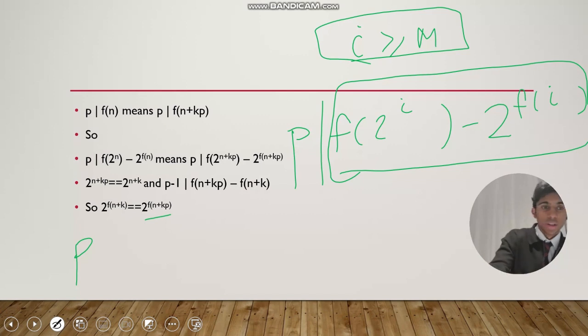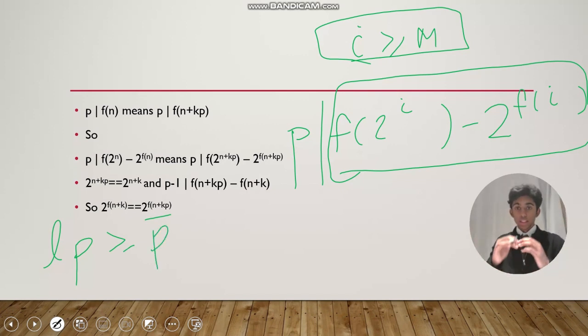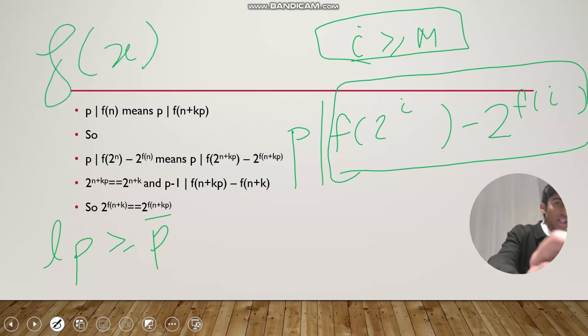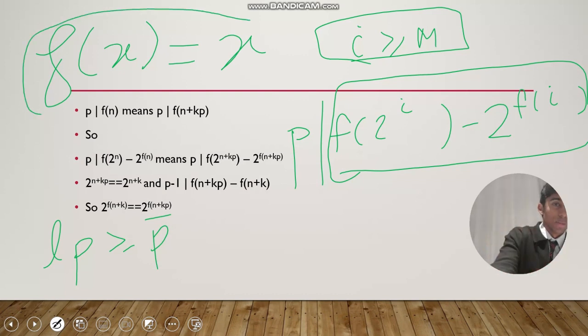As if it's not zero, it will be some multiple like LP, which is always more than or equal to P. So we want this thing in the box to be less than P and have P dividing it, which will make it zero. And once we have it zero, we basically have f of x equals x. And I'm not going to fill in those details, that's something for you to do.